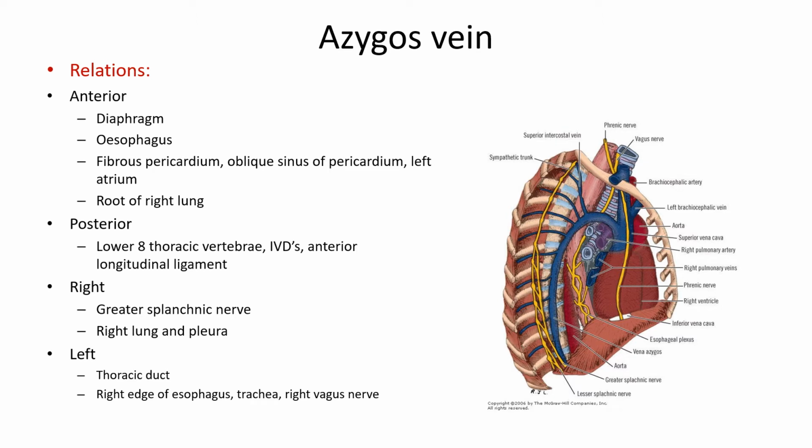Coming to the relations of the azygos vein. So in this picture, you can identify the vena azygos or azygos vein, and anterior to it you will be seeing the diaphragm, the esophagus. This is the esophagus you are seeing, and the fibrous pericardium will be anterior to it with the oblique sinus of the pericardium, and the left atrium and root of right lung.